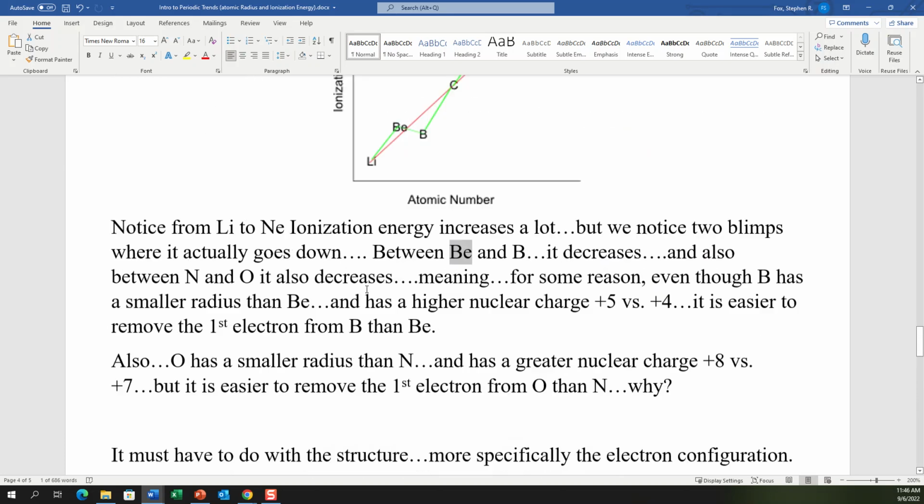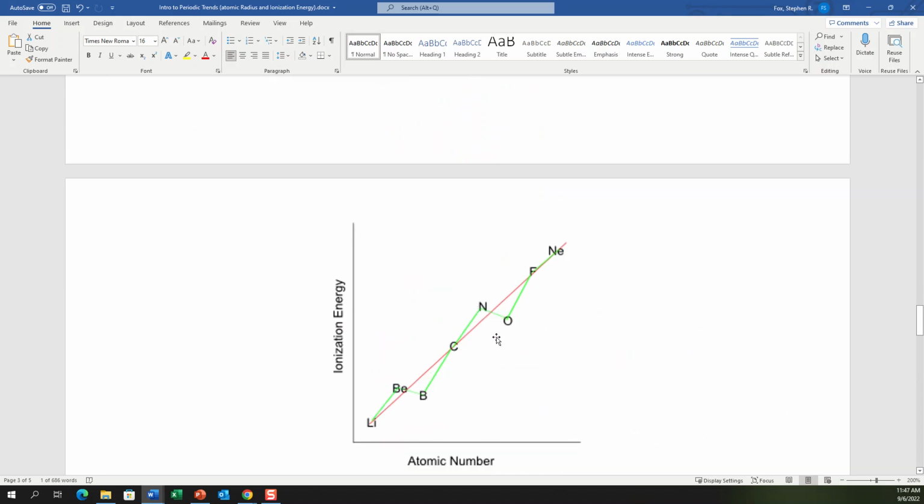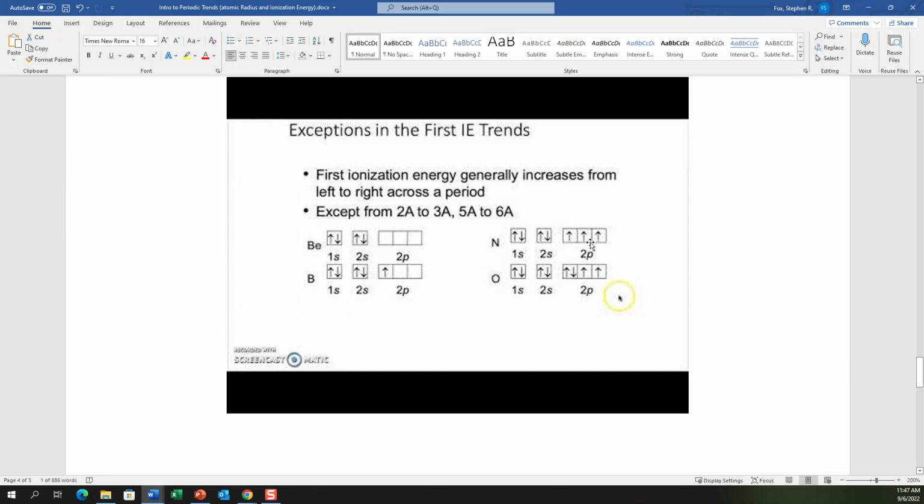Okay, and then remember, we get another exception to the trend here as nitrogen to oxygen. So what's going on there? Well, the first electron being removed from nitrogen would be from the 2p sublevel, and same with oxygen, it would be from the 2p sublevel. But what's the difference? Well, nitrogen's electrons are going to be non-paired. So all the electrons in the p sublevel for nitrogen are not paired.